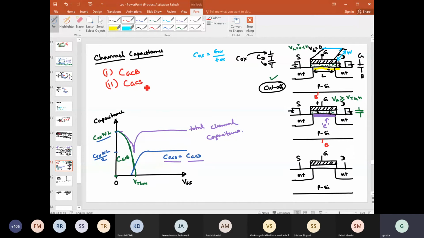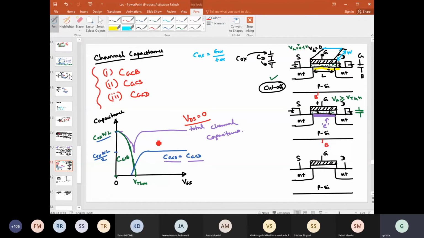This is the gate to source capacitance, which is again a part of the channel capacitance. And the third one is CGCD, the gate to drain capacitance, which is again a part of this channel capacitance. So this channel capacitance can be divided into three parts, and we have seen how these three will vary when VDS is equal to 0, right?